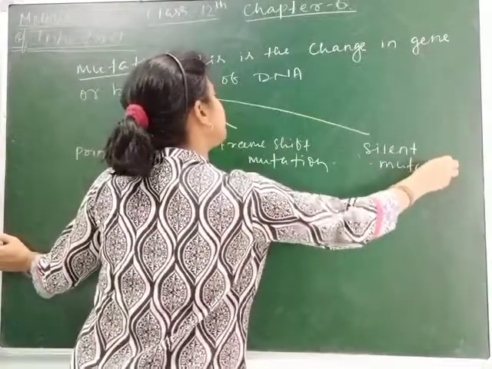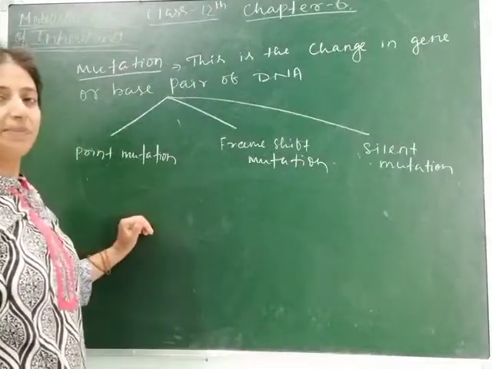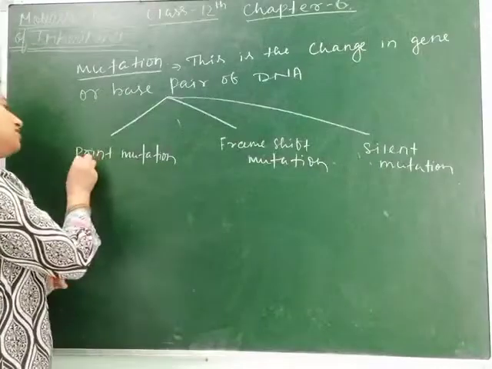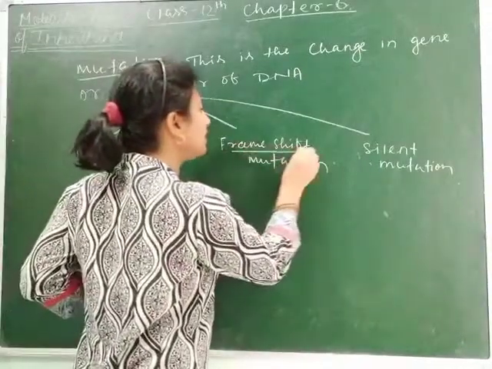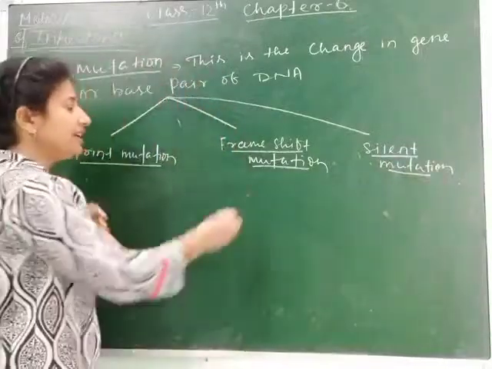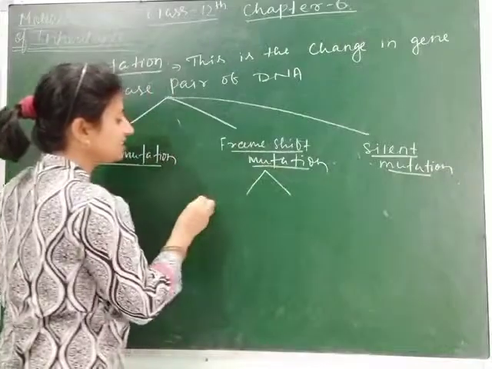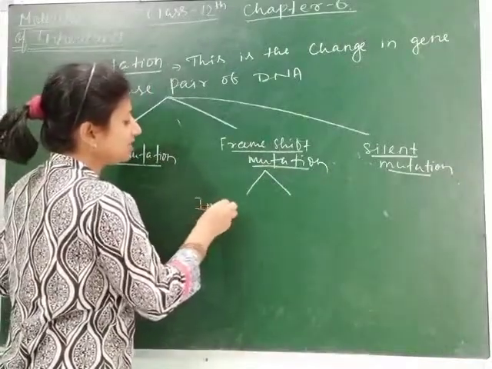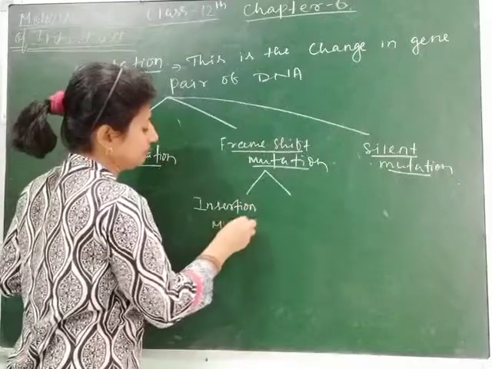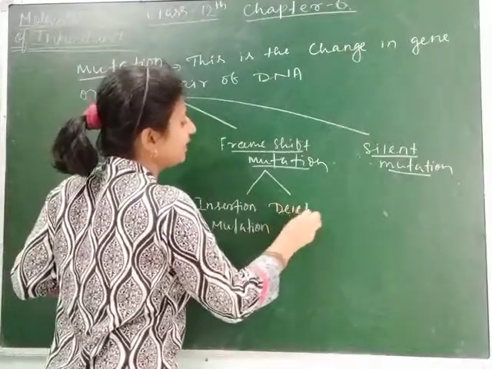So mutation is divided into 3 types on the basis of change in the base pair of the DNA or gene. Again, frame shift mutation is of 2 types: one is insertion mutation and the second is deletion mutation.